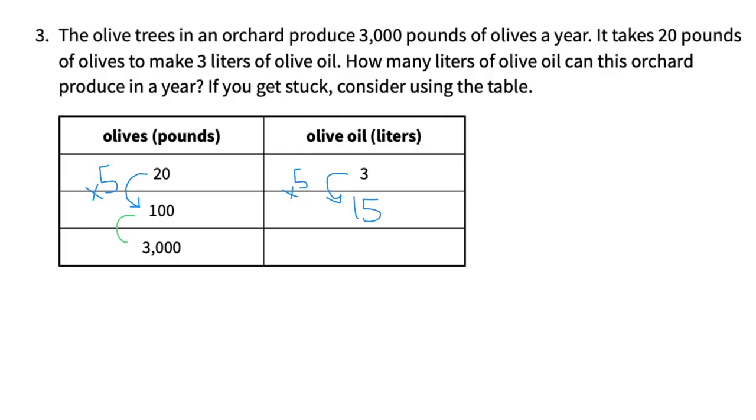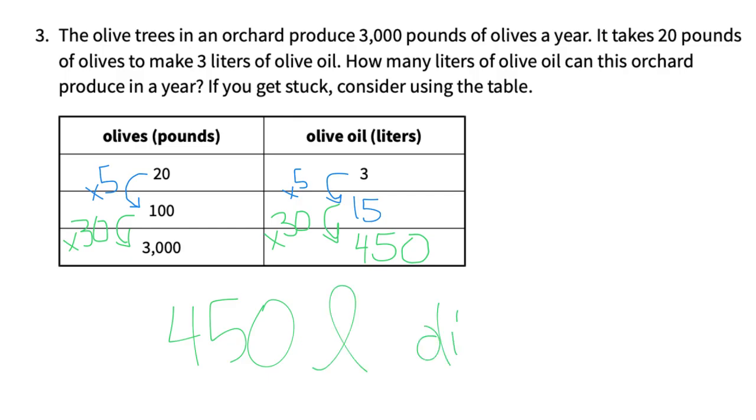We know that 100 times 30 gives us 3,000. So that means we need to take that 15 times 30. And what is that? That's going to be, let's see, 3 times 15 is 45 plus the 0. 450 liters of olive oil. My goodness, that's a lot. 450 liters of olive oil.